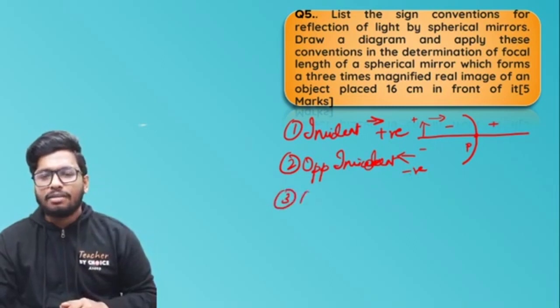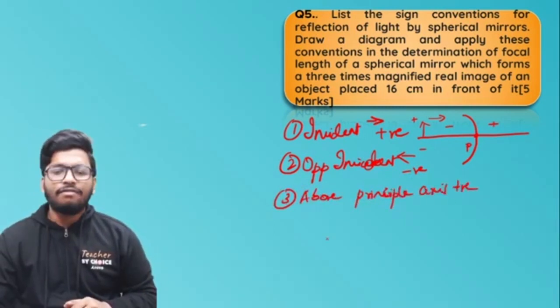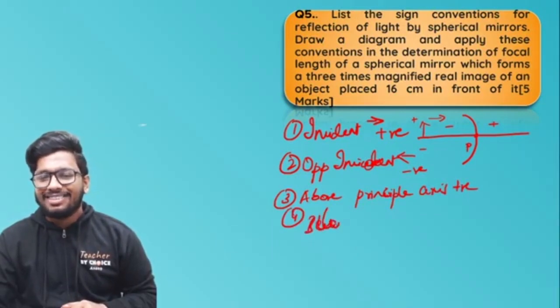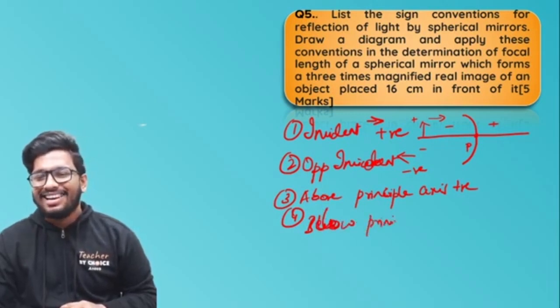Anything above the principal axis is taken as positive. Anything below the principal axis is taken as negative.